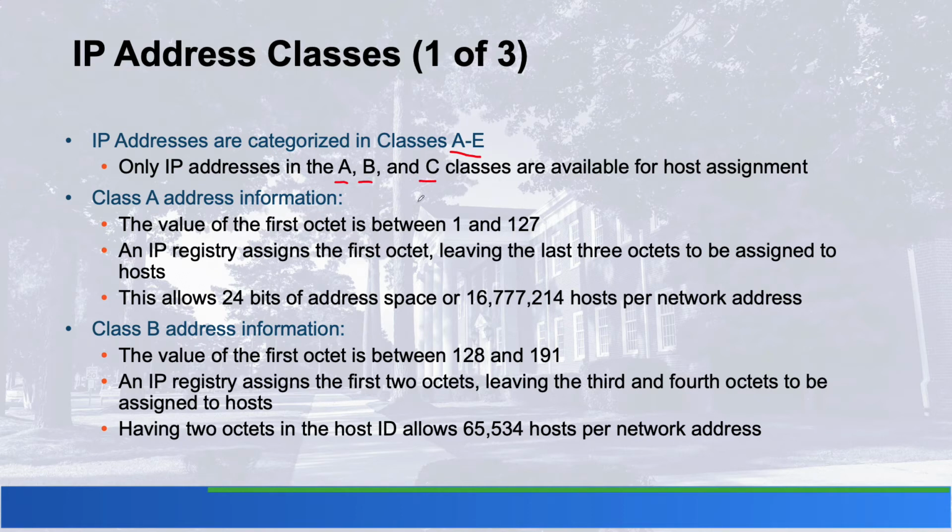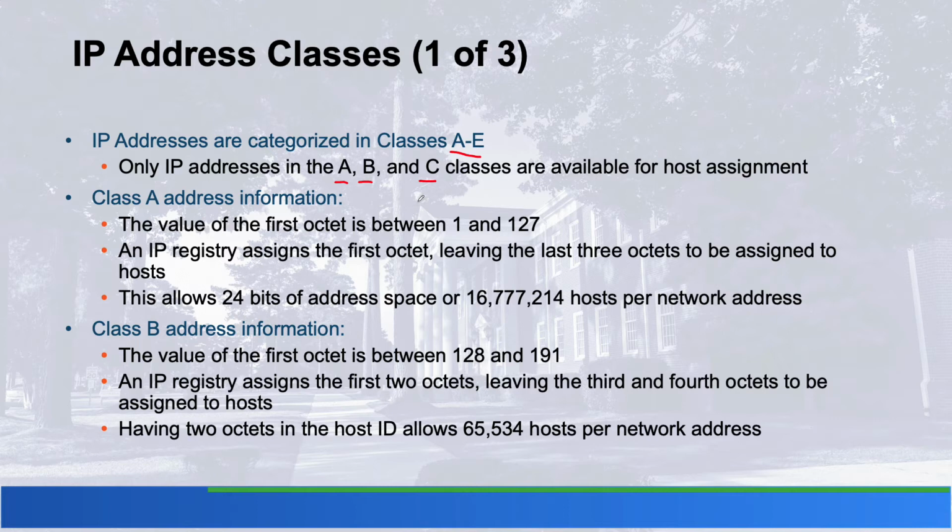Those classes are going to tell you which subnet mask to use. That's the reason we have classes. So a class A address is going to have a certain subnet mask. A class B is going to have a certain subnet mask. You should know according to the original standard, we only use addresses out of classes A, B, and C. Class D is for multicasting, which we don't cover in this course.